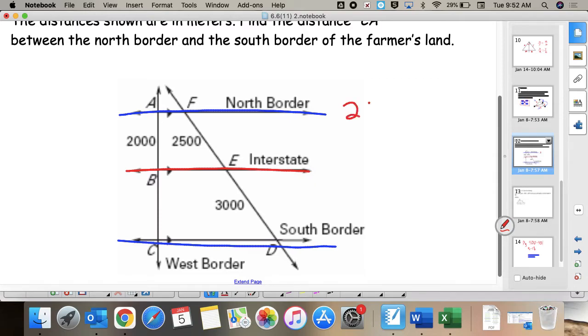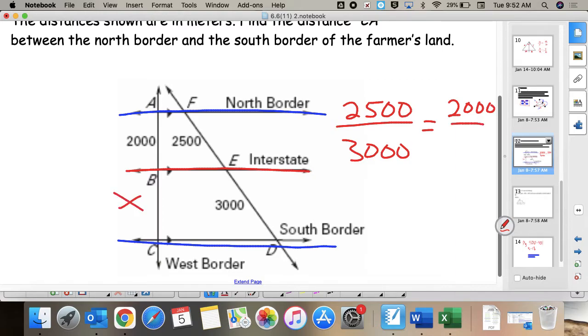That ratio of 2,500 to 3,000 will have to be equal to 2,000 over whatever this bottom part is here. We'll just call it x. Right?